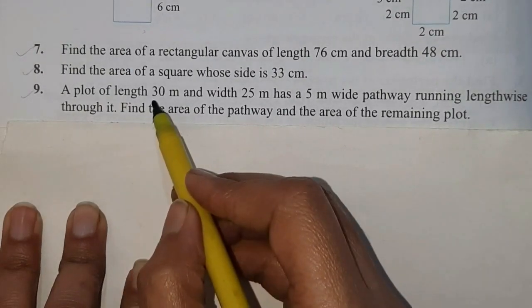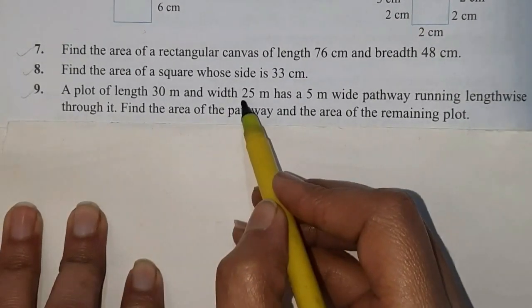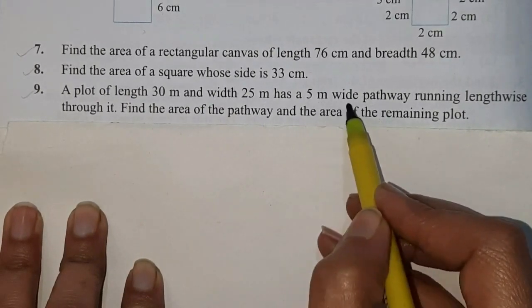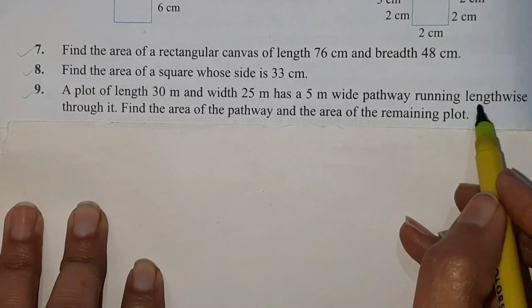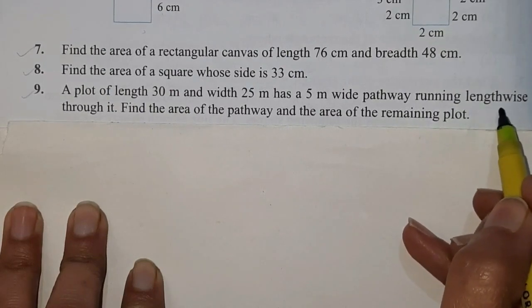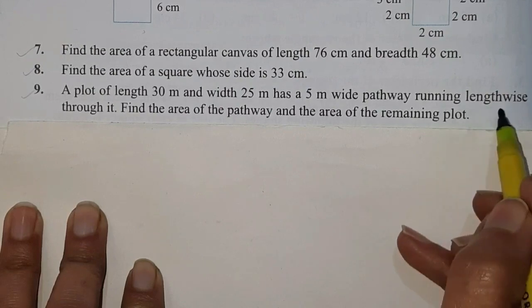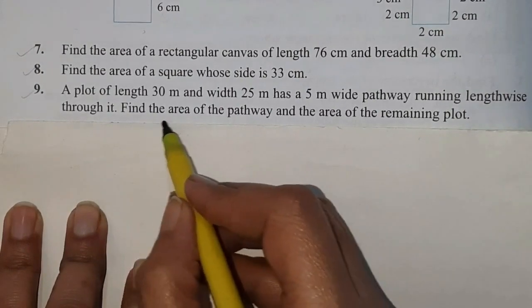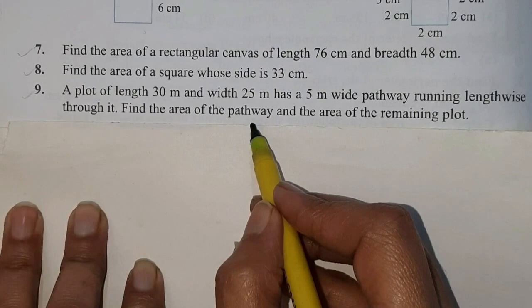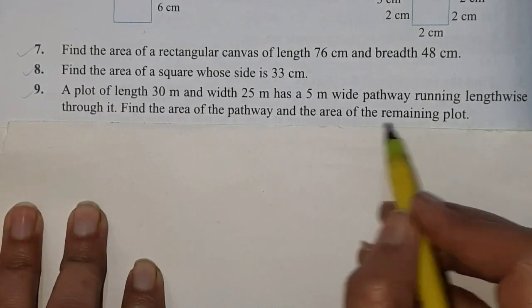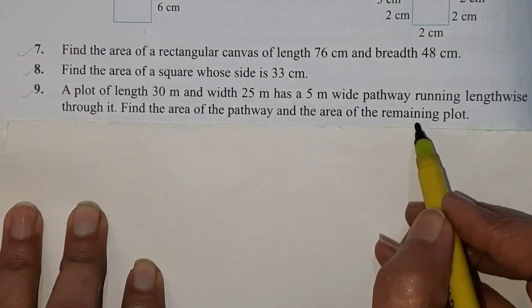A plot is having length 30 meter and breadth 25 meter. 5 meter wide path, a 5 meter wide path is there. Where? Lengthwise, along its length. Okay, lengthwise. We have to find out the area of that path and also area of the remaining plot. Now remaining plot means if we remove the path from there, then what will be the area.